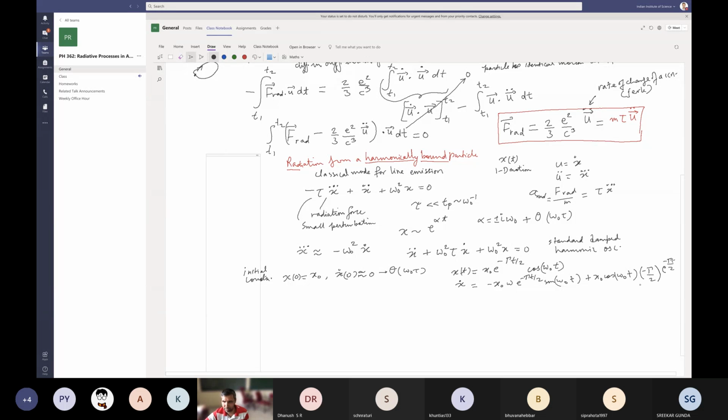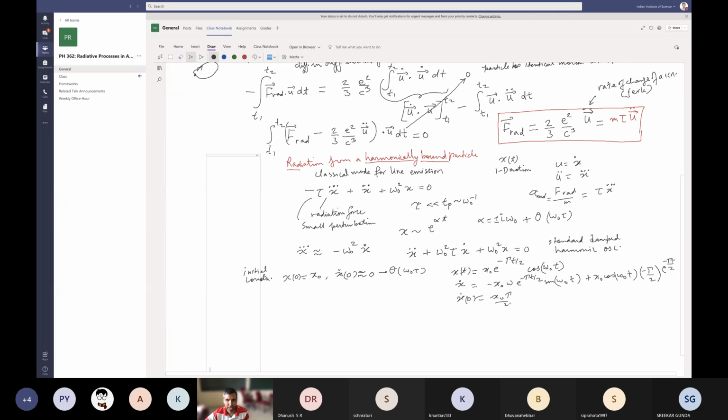At t equal to 0, the first term is 0, and the second term is x naught gamma by 2.